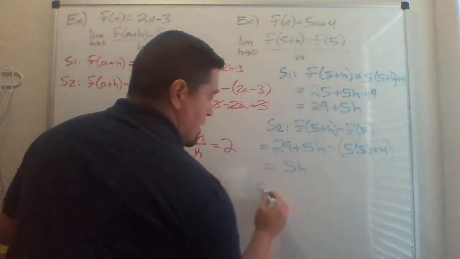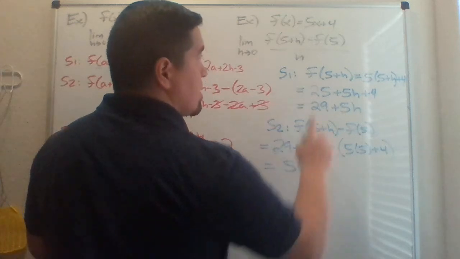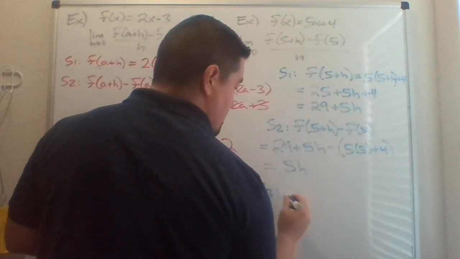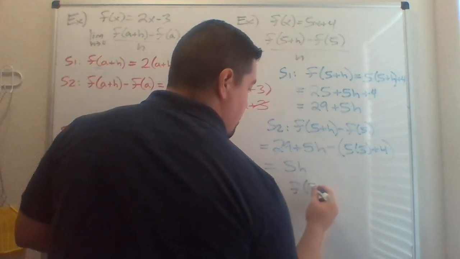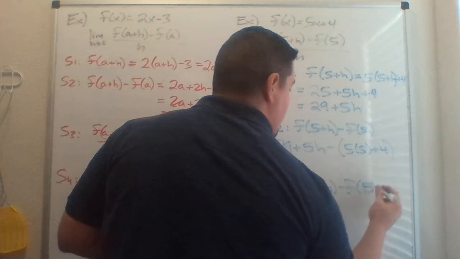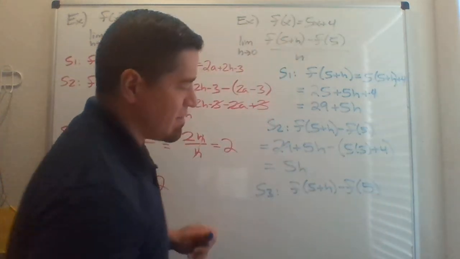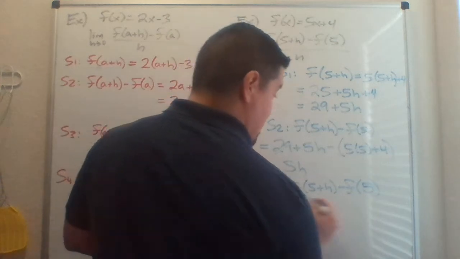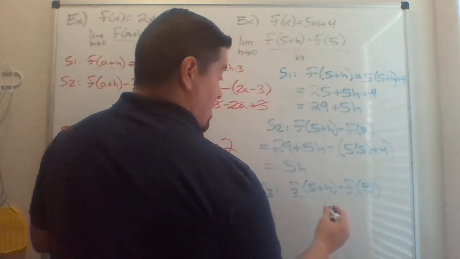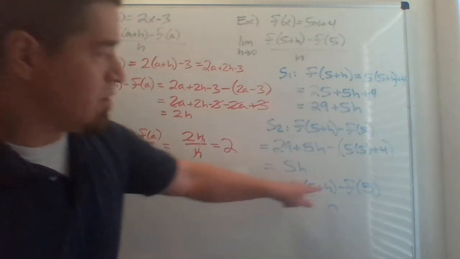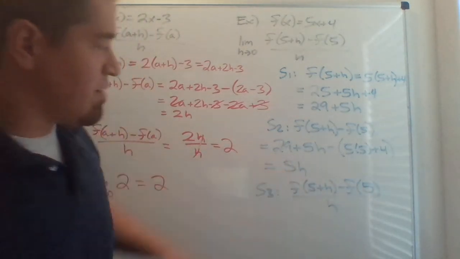Step 3 would be f of 5 plus h minus f of 5 divided by h. Okay, so f of 5 plus h minus f of 5. Excuse my 5s. People always tell me my 5s are bad. But those are 5s. Over h. Well, I already know the top. From the previous step, it's 5h.